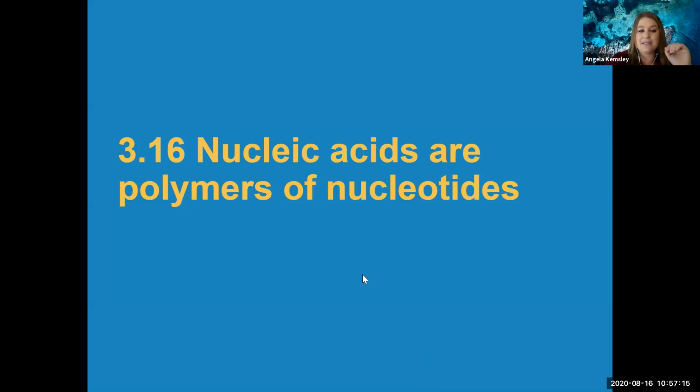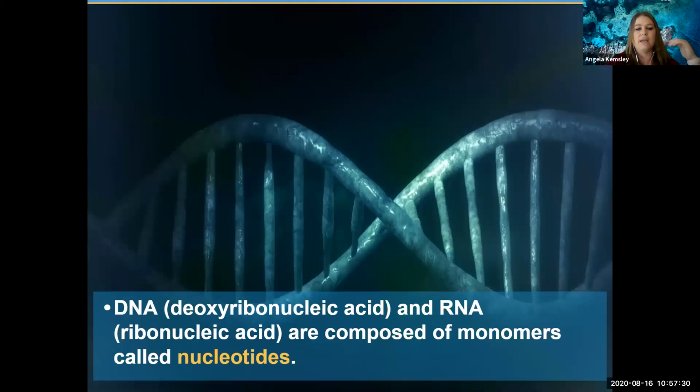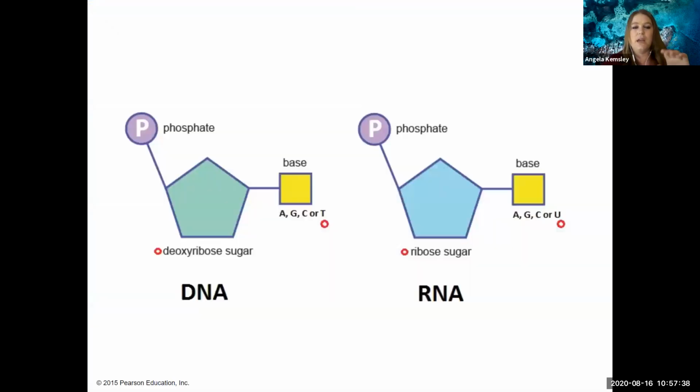Nucleic acids are polymers of nucleotides. So nucleotides are the building blocks of nucleic acids. You're going to be putting many nucleotides together, that's the polymer, to form nucleic acids. So DNA and RNA are both composed of monomers, those individual building blocks called nucleotides. Notice here, DNA and RNA are actually fairly similar.